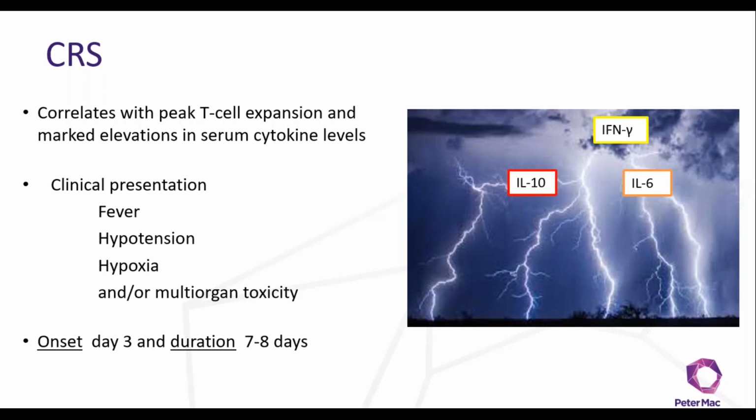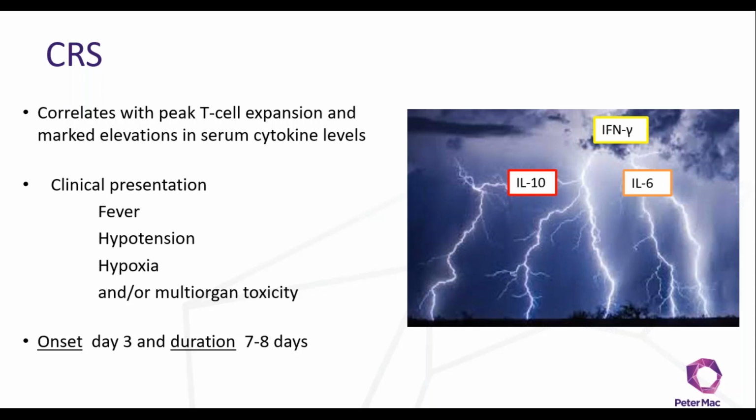Think about cells go in, that expansion leads to your toxicities. We've already thought about those clinical presentations, so fever, hypotension and hypoxia, but also thinking about your septic or SIRS patient, okay, your other elements of elevated respiratory rate, tachycardia as well.